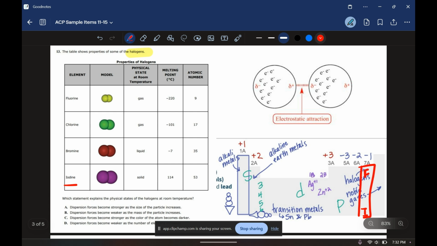If you read your answer choices, all of the answer choices have to do with dispersion forces, which unfortunately we didn't cover in class, but that's okay because we can talk about that now. So if you take a look at my picture over here with my 2 atoms, these are both atoms of sodium. We know it's sodium because there's 11 electrons.